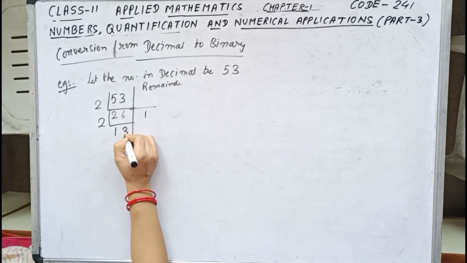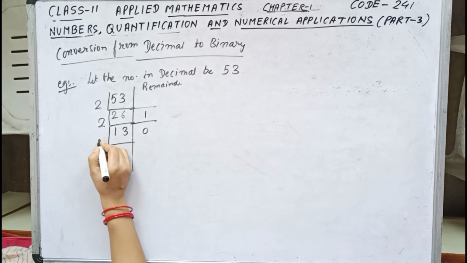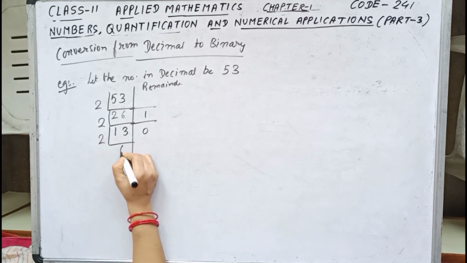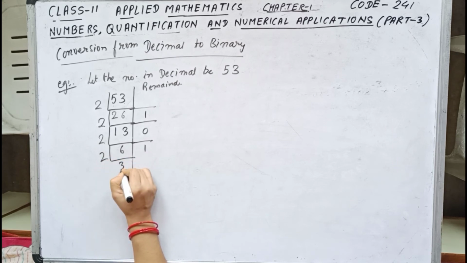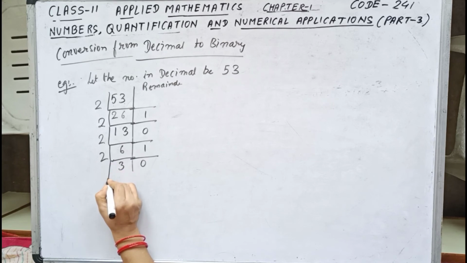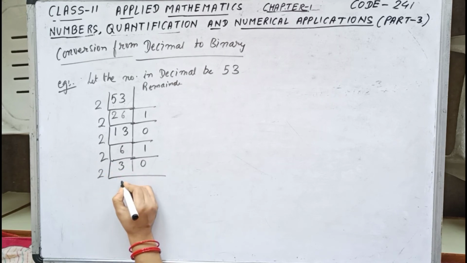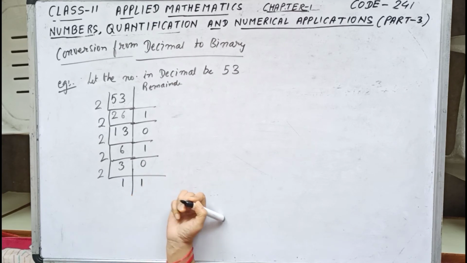So 2 13s are 26, remainder is 0. Again we will divide this 13 by 2, 2 6s are 12, and over here remainder will be 1. Again 2 3s are 6, so remainder will be 0. Again 2 1s are 2, and remainder will be 1 over here.